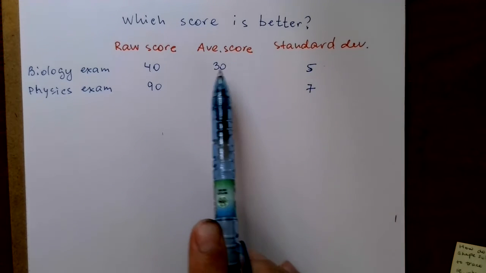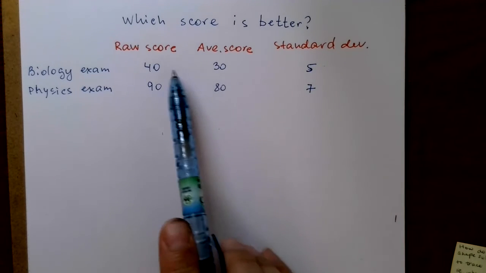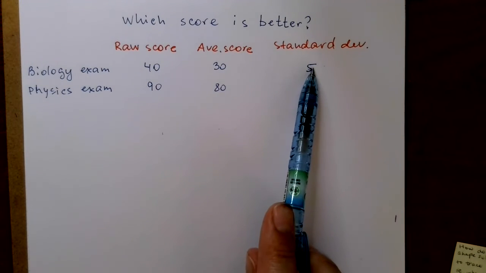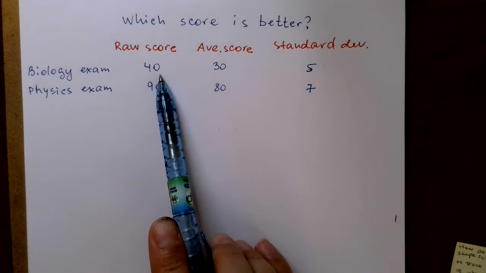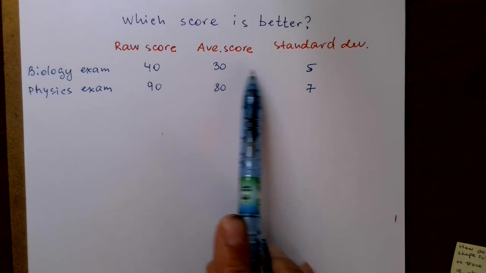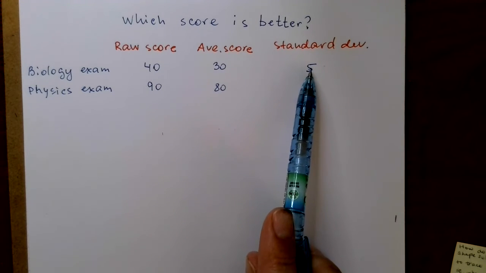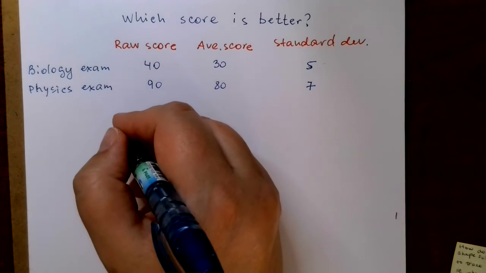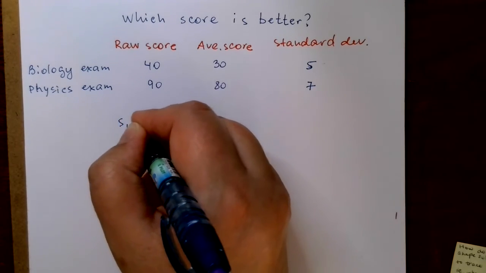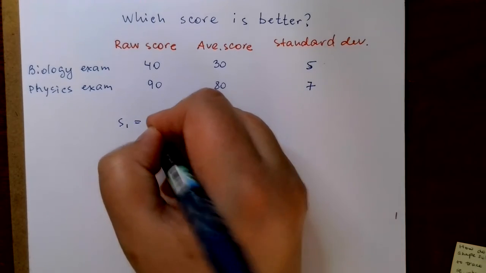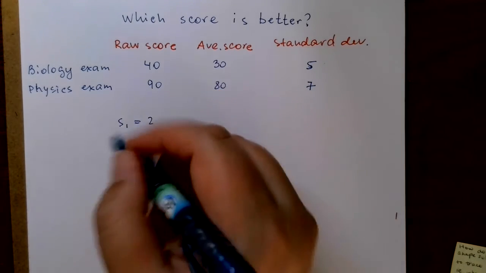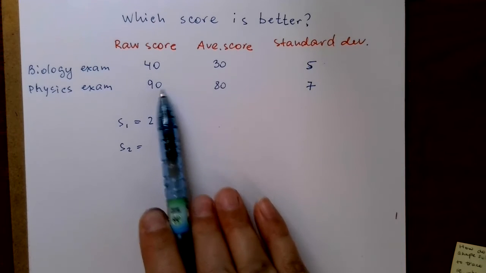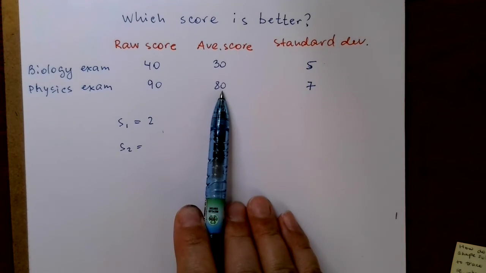Okay, in case of 30 versus 40, it's easy. Our standard deviation is 5. So 40 is 30 plus 5 twice. So for this score, the standard deviation, S1, is 2. Okay, how do we figure out the standard deviation for this score, 90 versus 80?